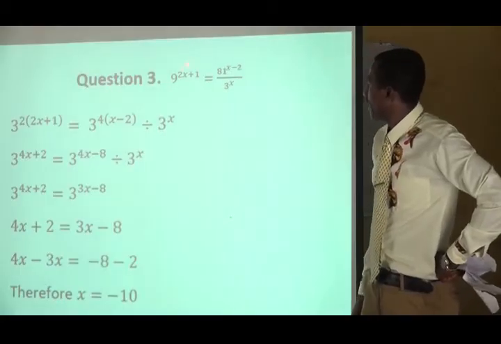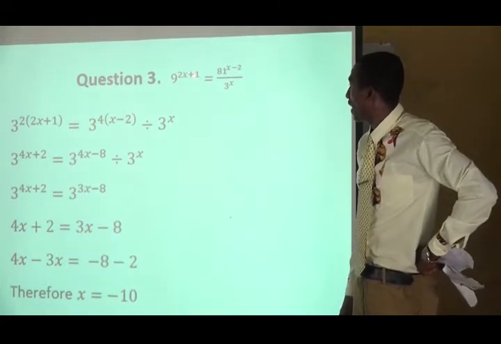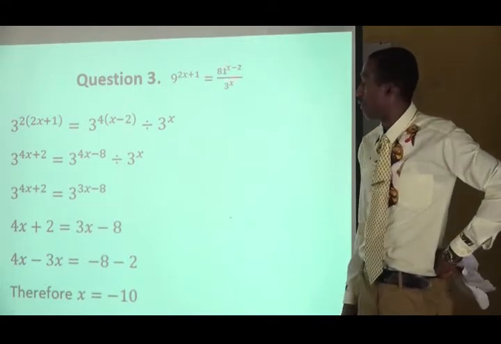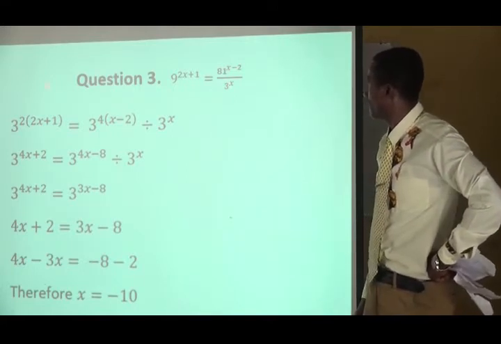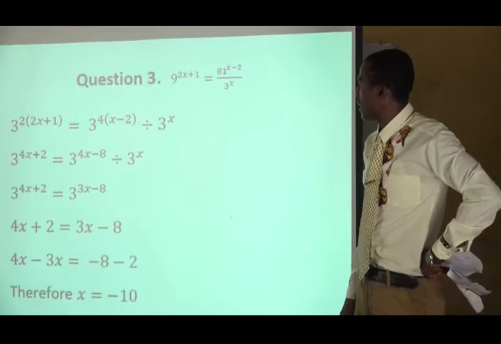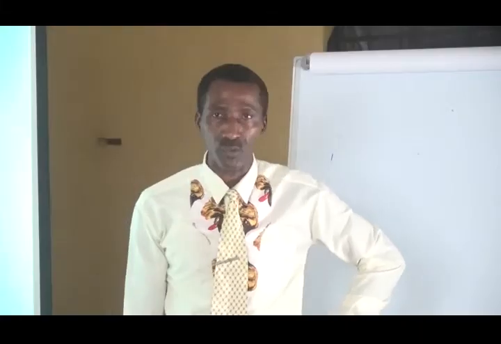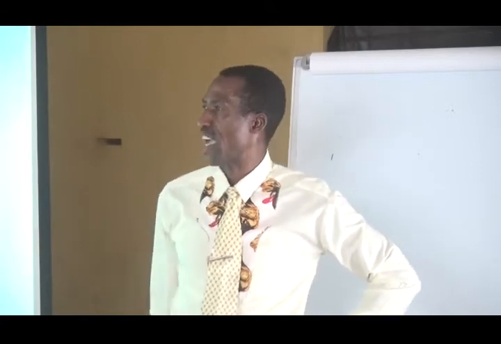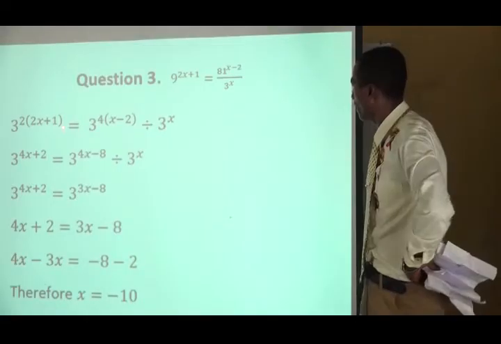Number 3: 9 to the power of 2x plus 1 equals 81 to the power of x minus 2, all over 3 to the power of x. 9 can be written in index form as 3 to the power of 2, implies 3 times 3 gives 9, into 2x plus 1. That is the left-hand side.